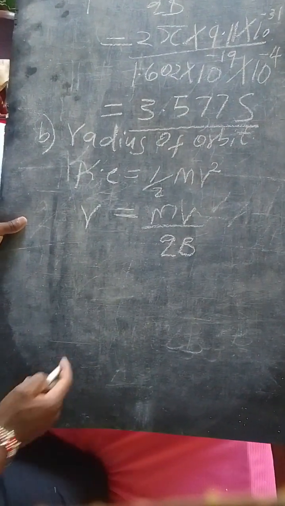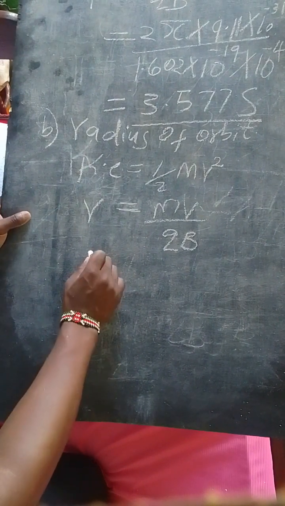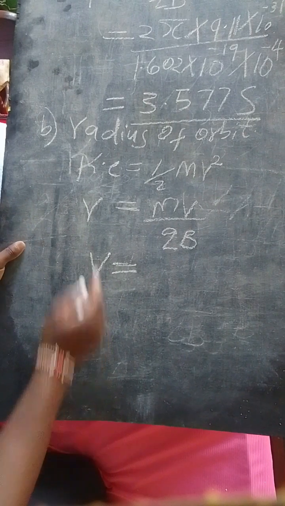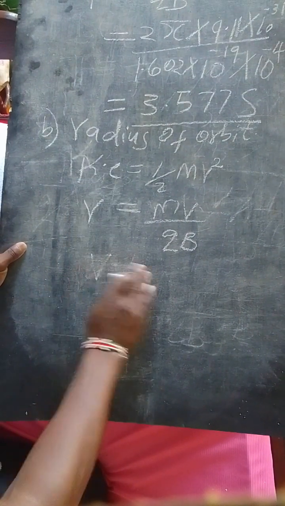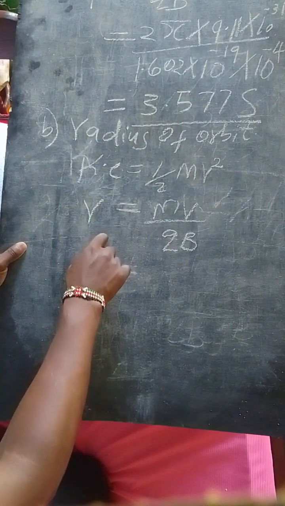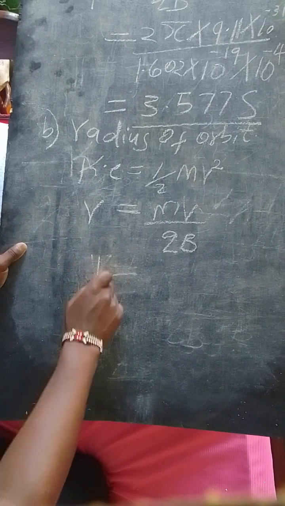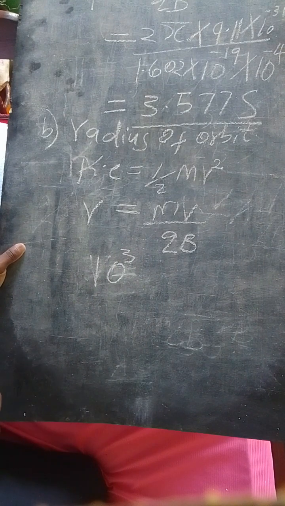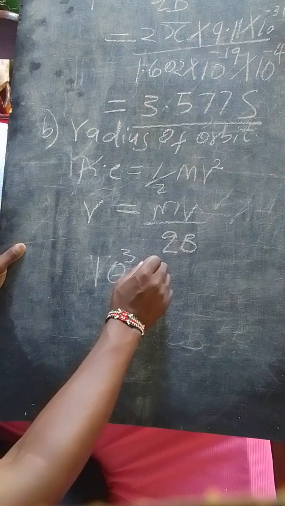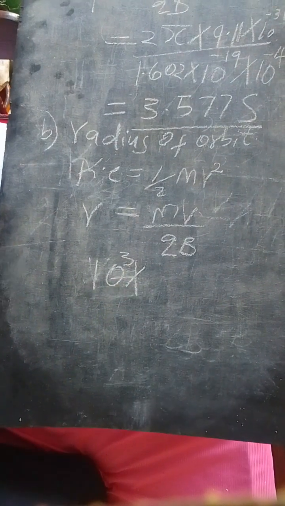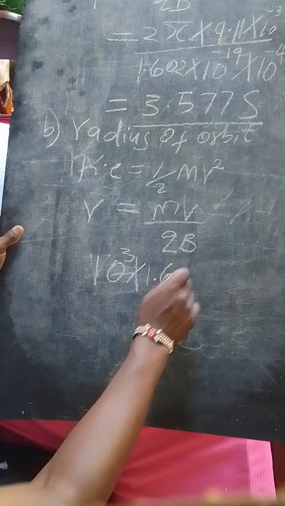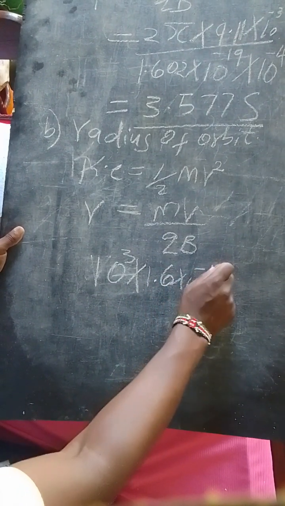So from here we can say the velocity of that particle will be equal to, if I say that is kinetic energy, remember, was equal to 10 to power 3 electron volts. If I change it into joules, it will be times, remember, 1 electron volt is equal to 1.6 times 10 raised to power negative 19 joules.